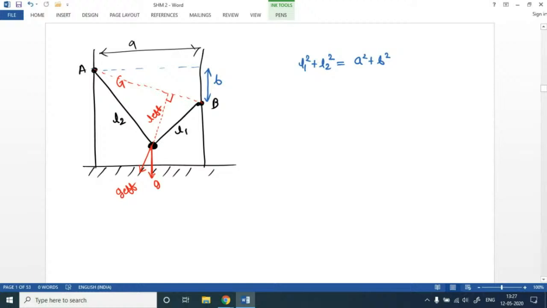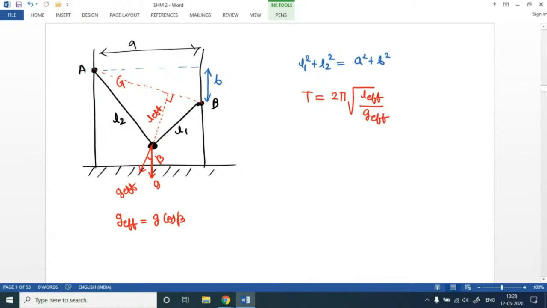So you should realize that if this is G, and this angle is some beta, then G effective definitely is G cos beta. So it is clear the time period of oscillation would be nothing but 2 pi root under L effective upon G effective.